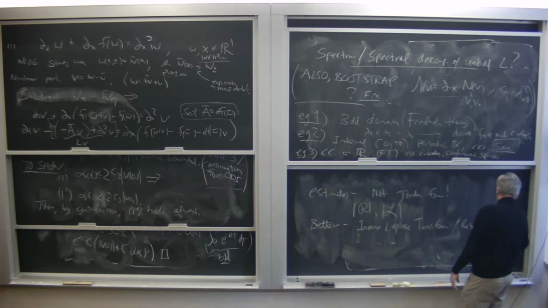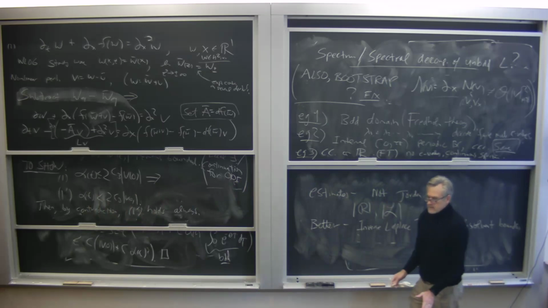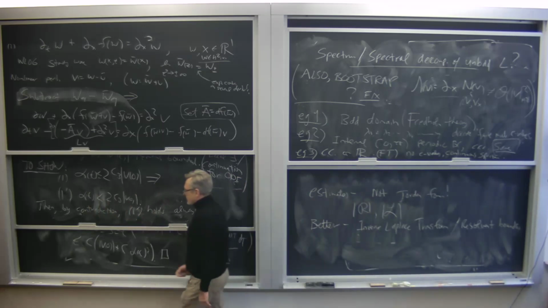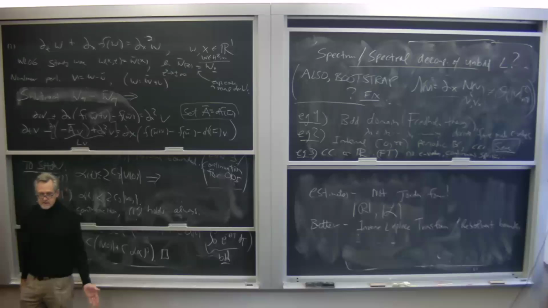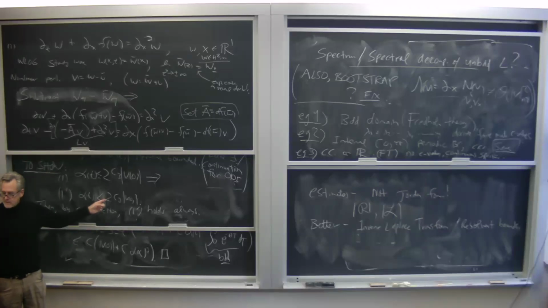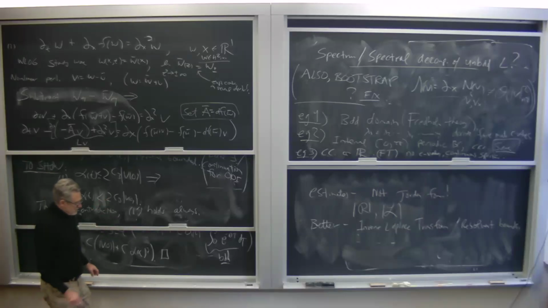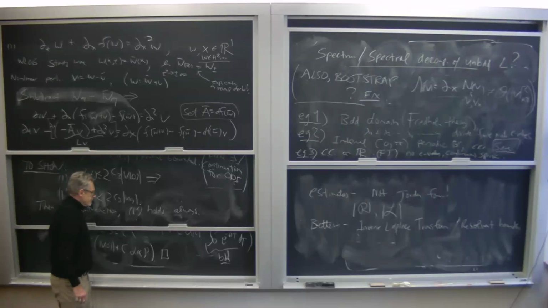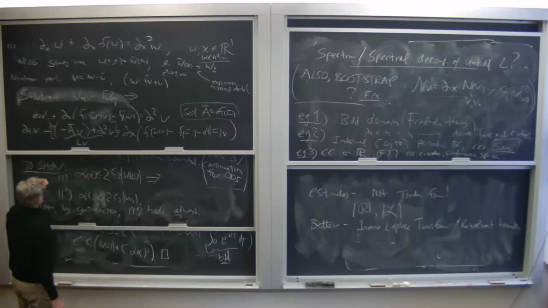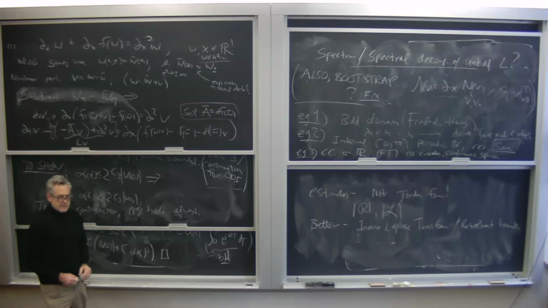This is better even just for ODE. If you look at an engineering textbook, the whole ODE will be done by Laplace transform, and you won't have Jordan form. So I'm going to do some more ODE. But I'll stop here for a break. And then we're going to do Laplace transform.